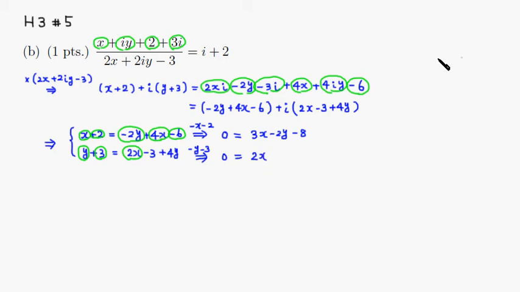There's a 4y, and you're subtracting y, so that gives us positive 3y. Then subtracting 3 from negative 3 gives us negative 6.